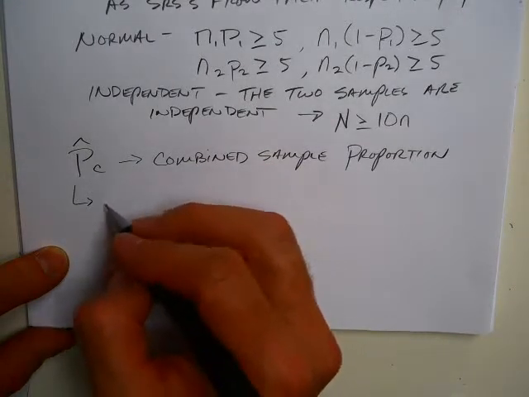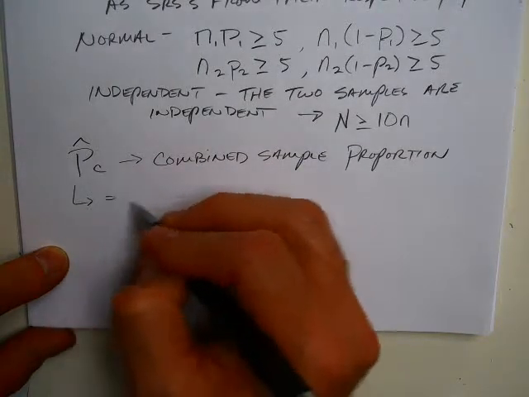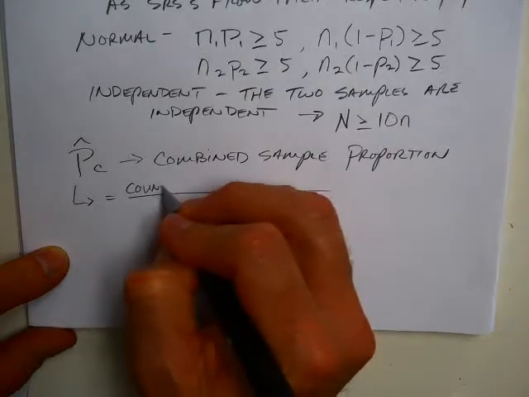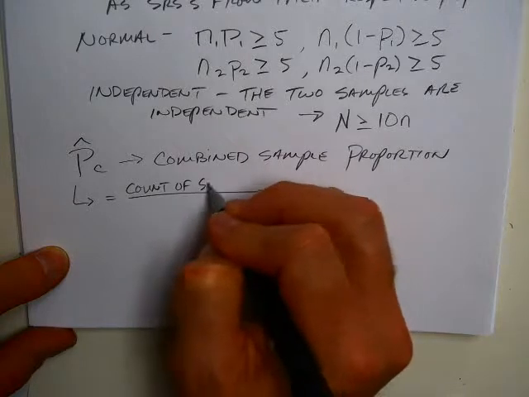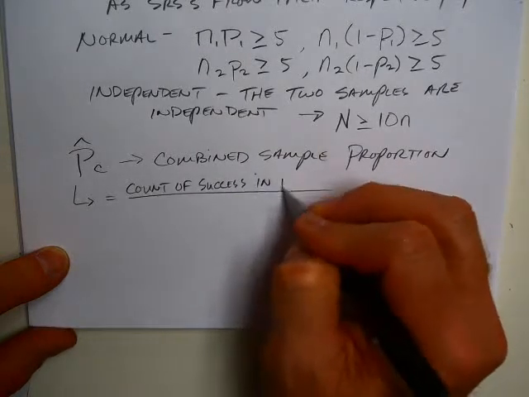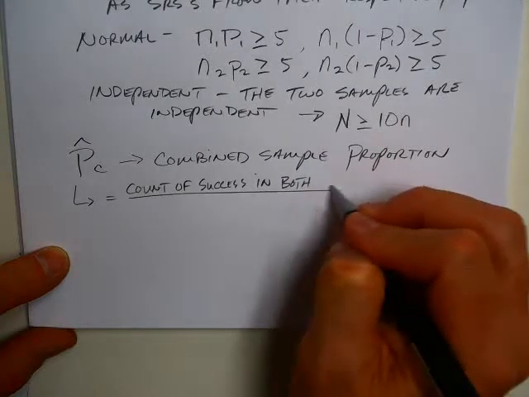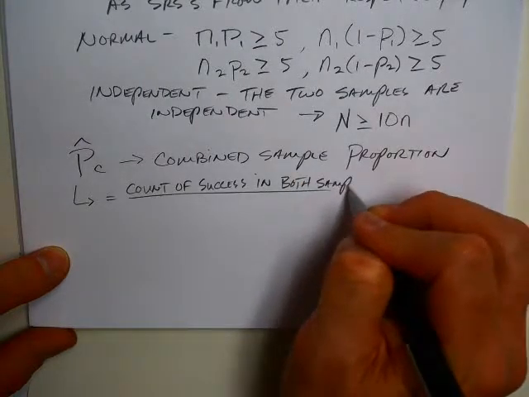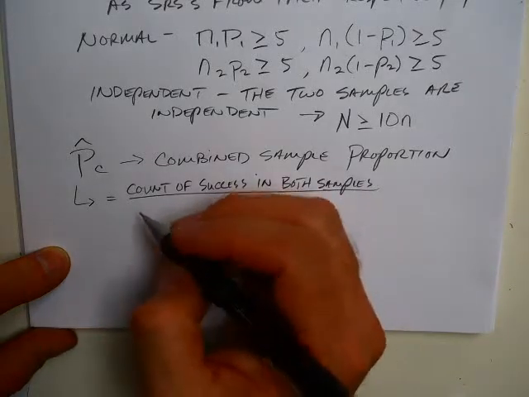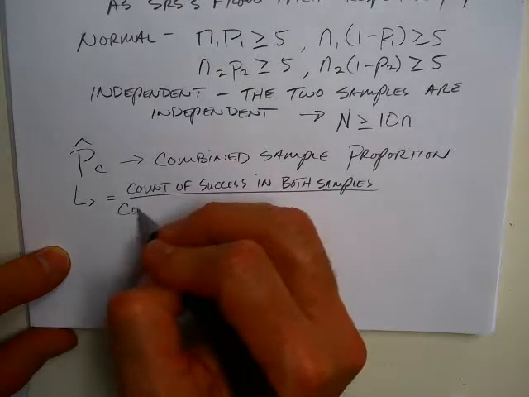So this is the count of successes in both samples over the count of individuals in both samples.